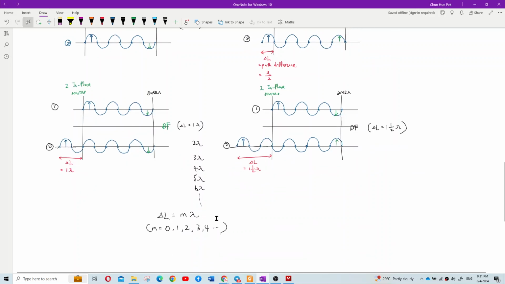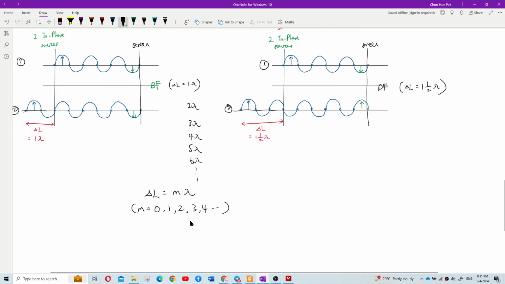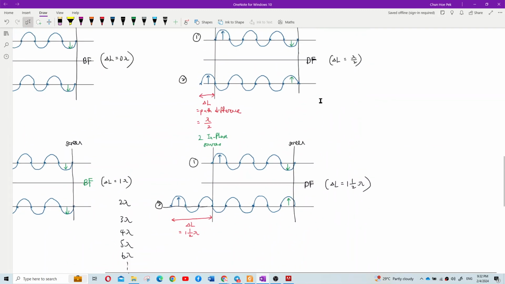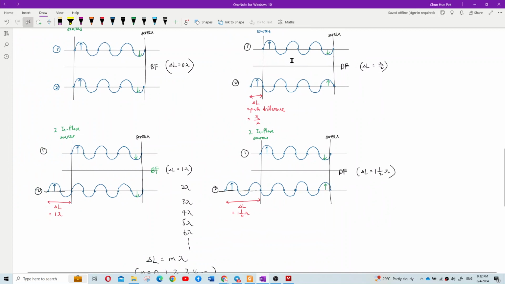When delta L equals m lambda, you produce constructive interference, or you produce a bright fringe. Understand, class?